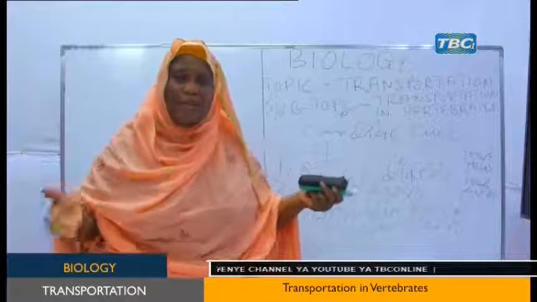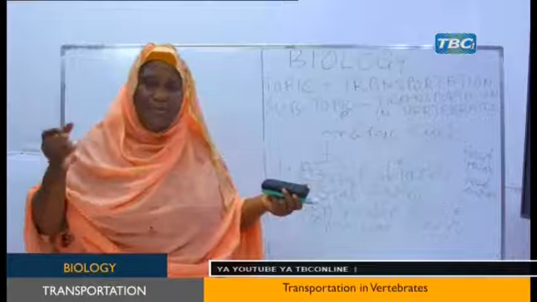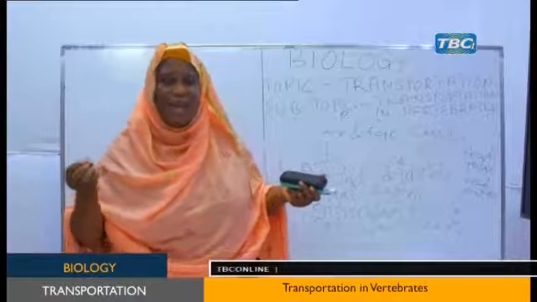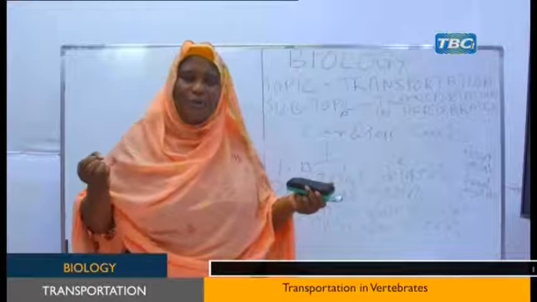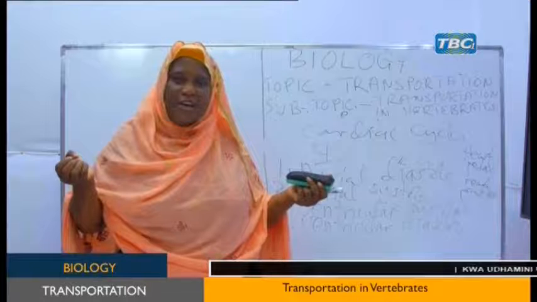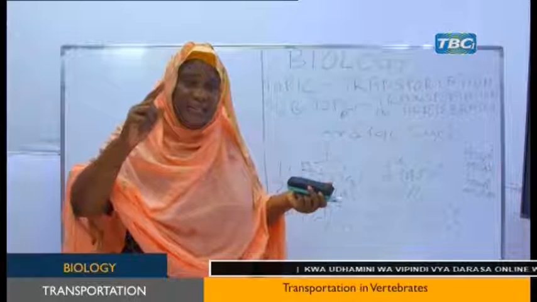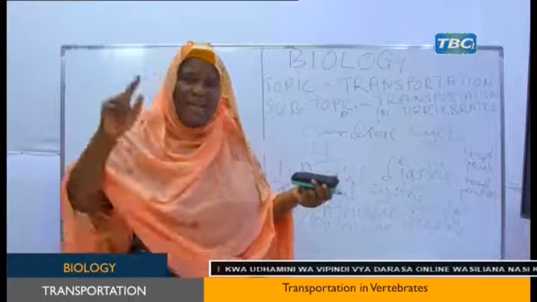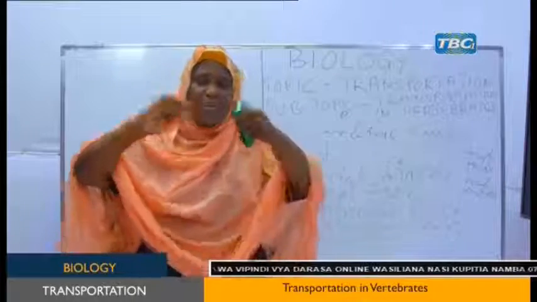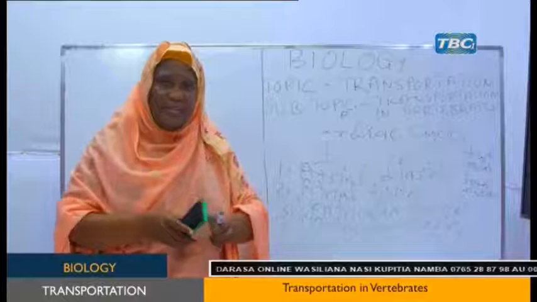For the case of left atrium, we expect it to receive blood from pulmonary vein, the blood coming from the lungs, which is oxygenated, will enter to the left atrium. I'm talking about the upper chambers.